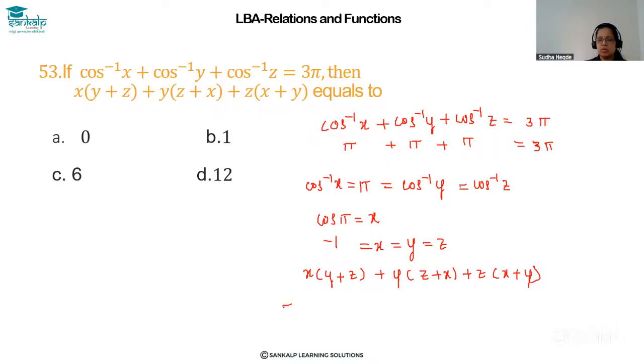This is equal to minus 1 into minus 1 plus minus 1, plus minus 1 into minus 1 plus minus 1, plus minus 1 into minus 1 plus minus 1.